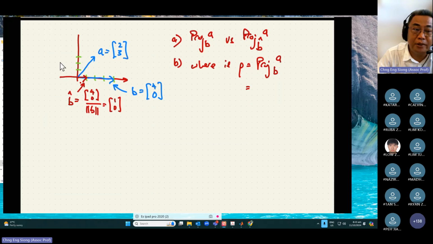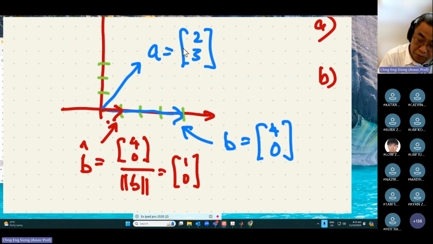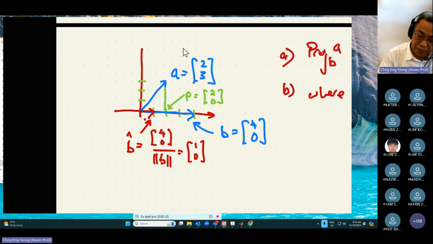Come guys, we're going to project A. 2, 0. Very good. So it will reach, I'm going to write here in green, this point here is P. It is 2, 0.